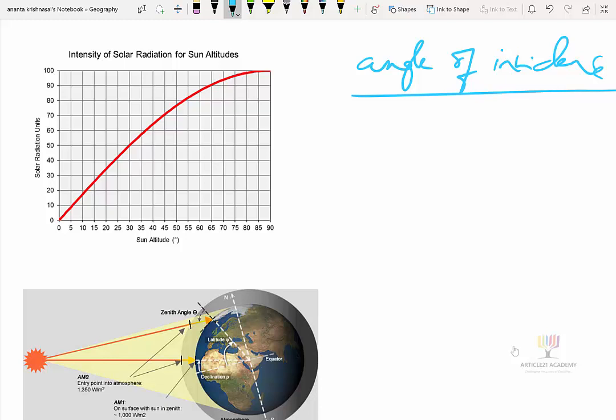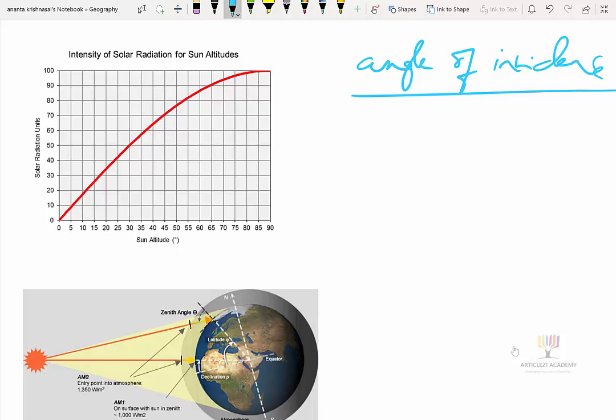If the Sun is positioned directly overhead or 90 degrees from the horizon, then the incoming solar insolation strikes the surface of the Earth at right angles and is hence most intense. However, if the Sun is 45 degrees above the horizon, the incoming solar radiation occurs in a slanted position and hits the Earth's surface at an angle of 45 degrees, and hence causes solar insolation to be less intense.